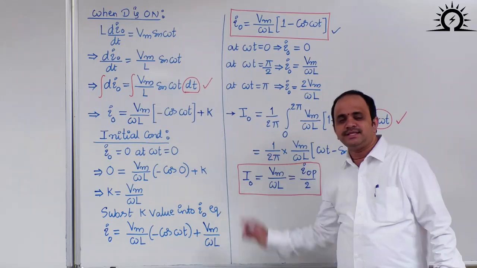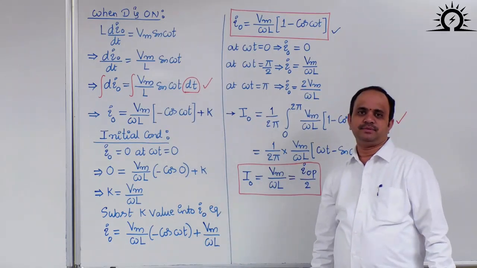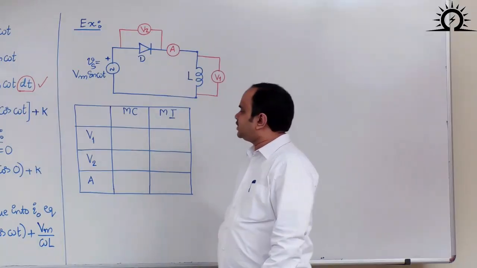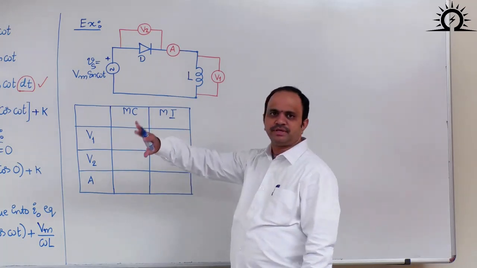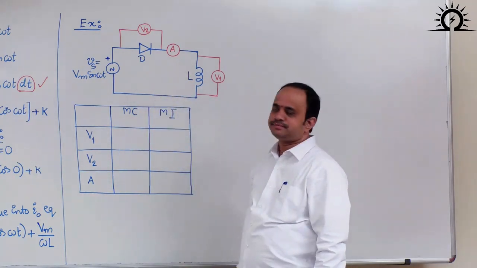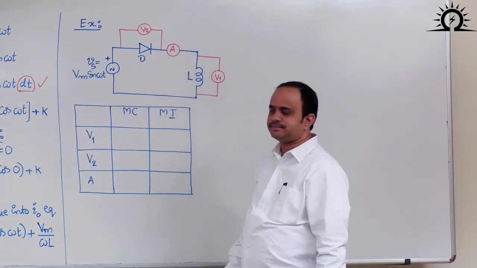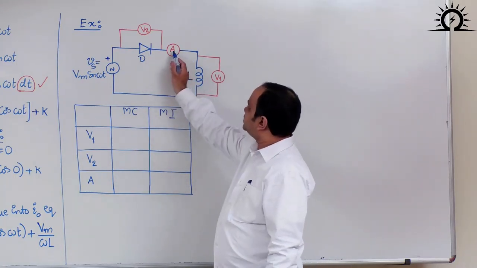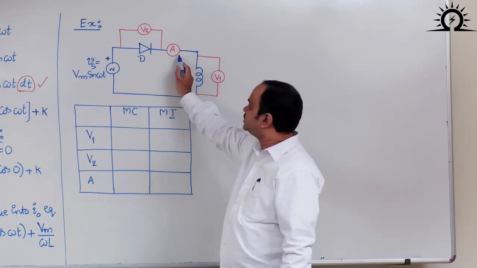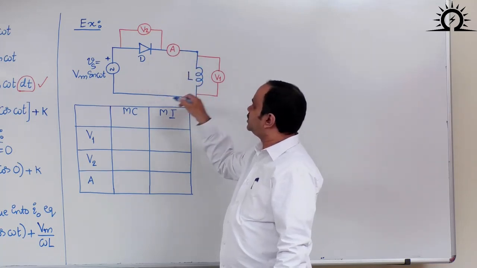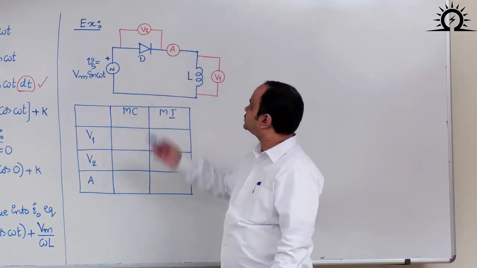Now by taking this circuit, let us do one example. The question is just our previous circuit only. I have redrawn the sinusoidal source, diode, inductor. One ammeter is placed in series, so it will measure current flowing through the load or the circuit.